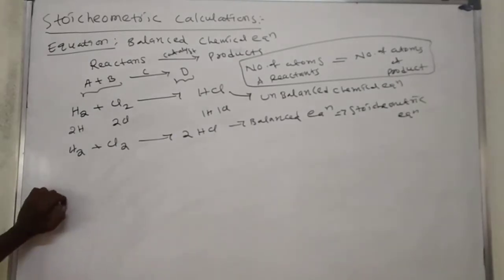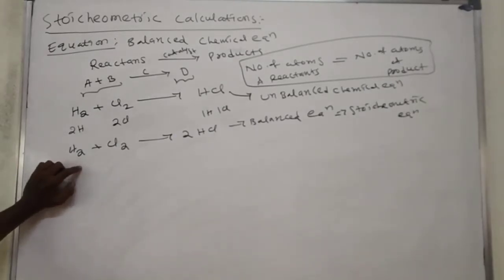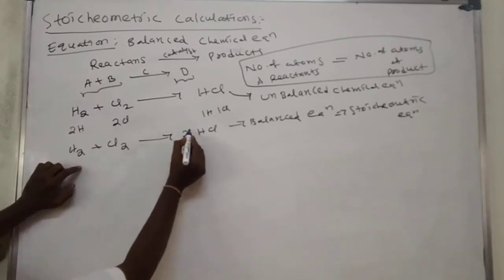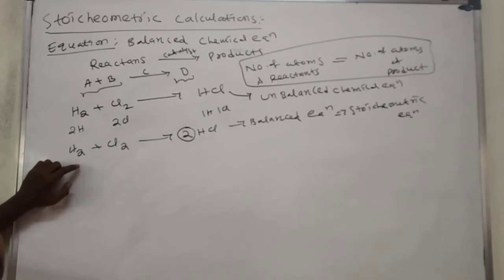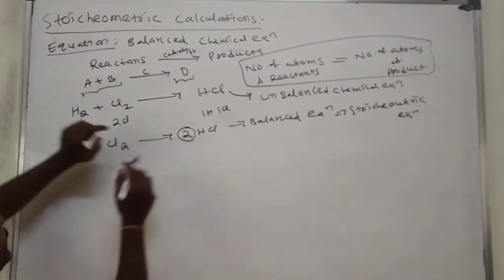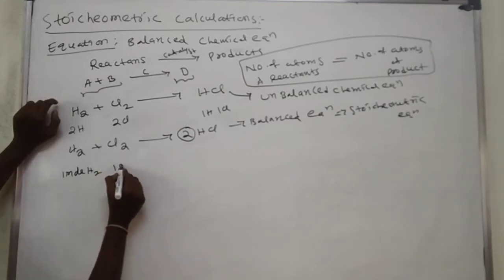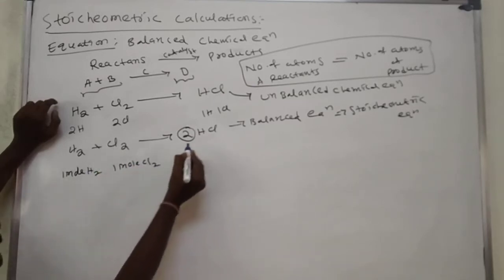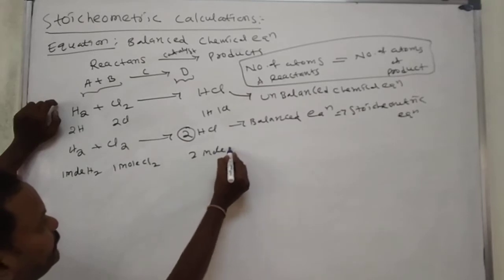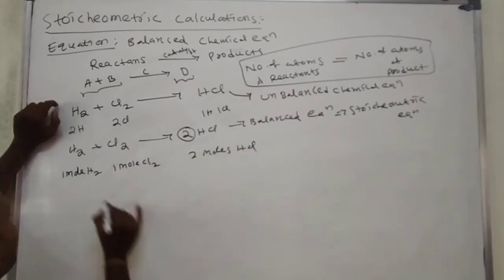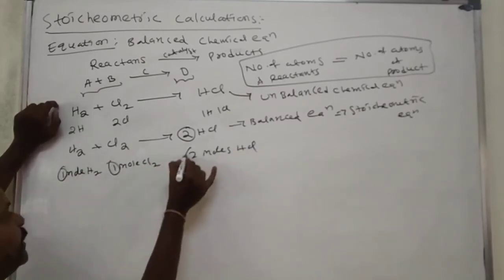During the balancing of a chemical equation, we use some numbers. Here we use 2. That means 1 mole of hydrogen reacts with 1 mole of chlorine and forms 2 moles of HCl. Here 1, here 2.